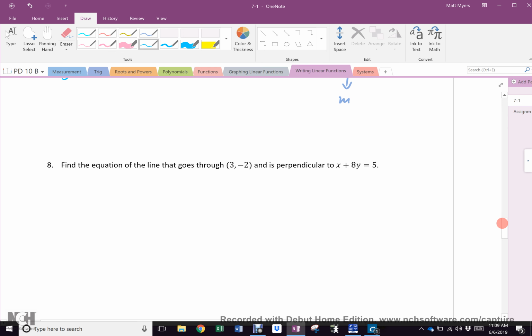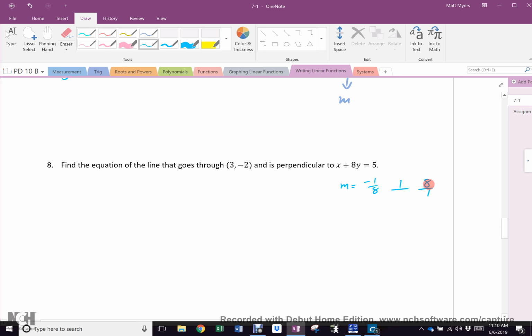What's happening in 8? Is it the exact same thing? So what do I do to that slope that I know? Opposite and reciprocate it. Do my methods change? No, my answer changes. What is the first thing I should find? Slope. What is it? What's the slope here? Negative 1/8. What's the slope I need to be perpendicular?